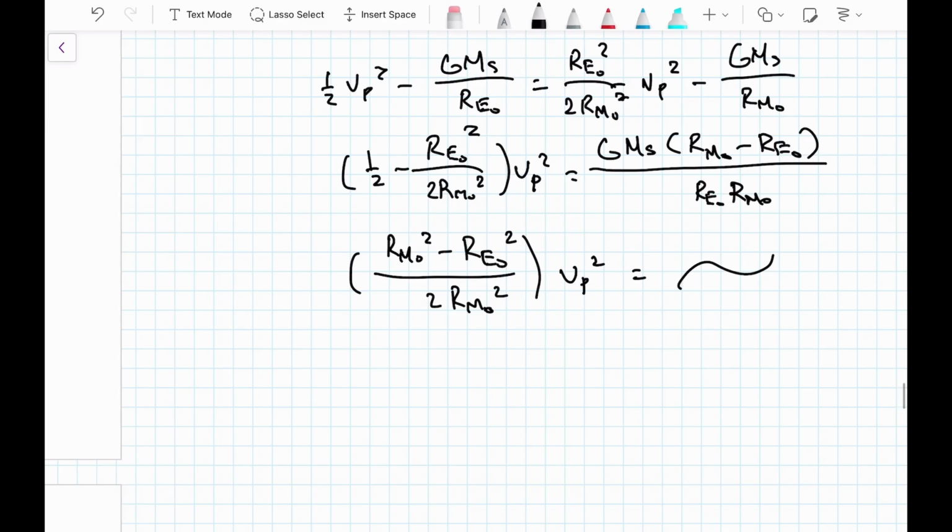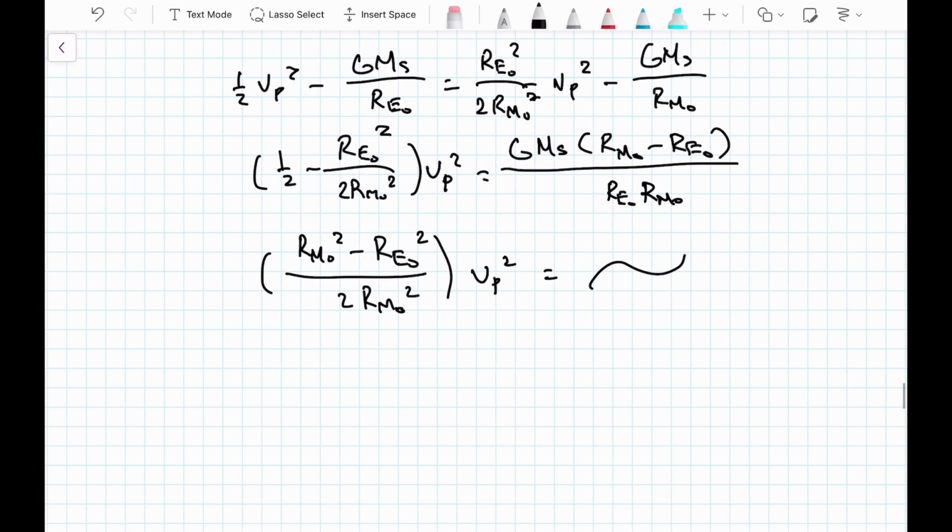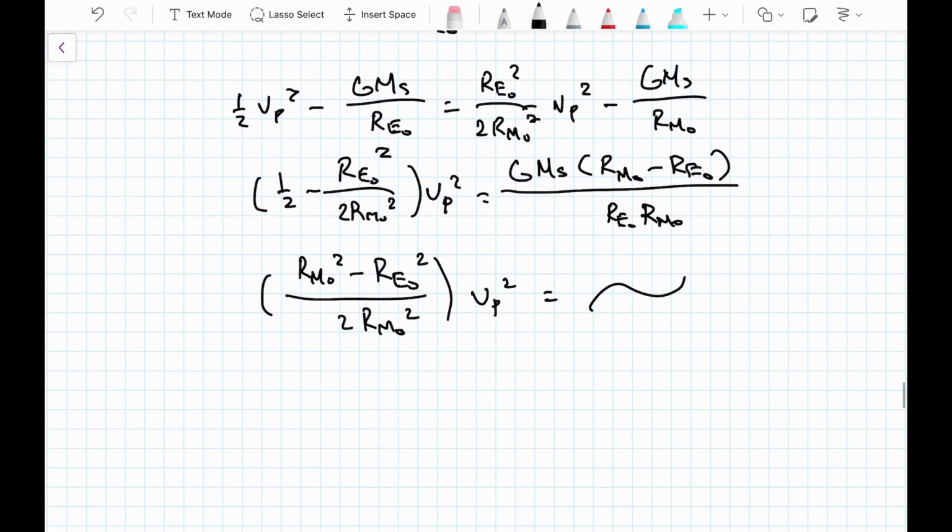What we can do is multiply this to the other side, I suppose. We get VP squared is equal to 2GMS, and then we can cancel out, because this is a difference squared, so we can cancel out that.